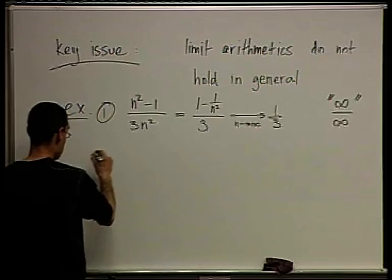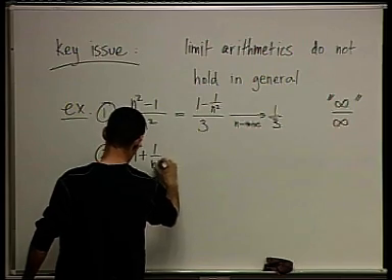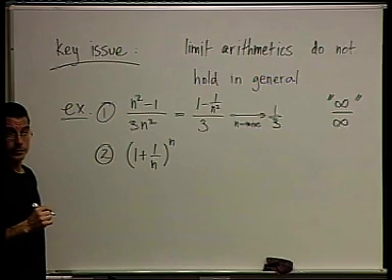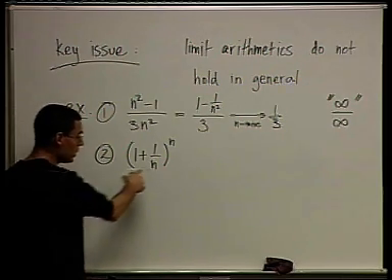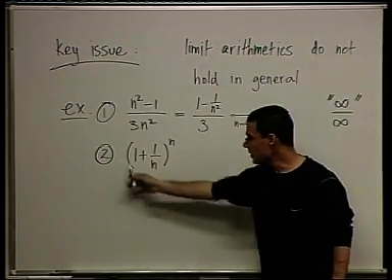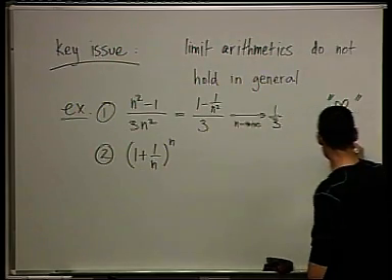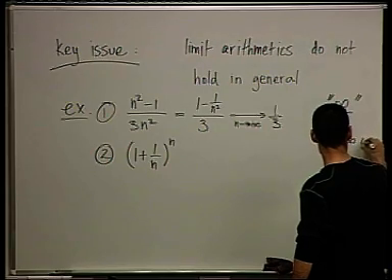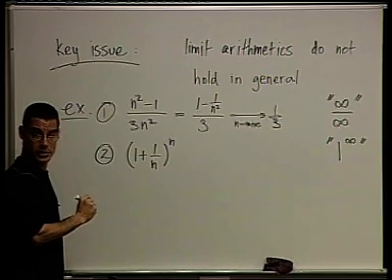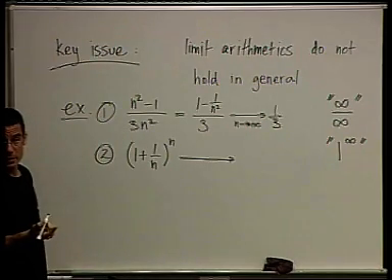Another example, this one we're going to discuss further. 1 plus 1 over n, to the power n. So, do you agree that this is of the form 1 to the power infinity? The stuff inside the parentheses goes to 1, because 1 over n goes to 0. Do you agree? Yes? But the limit of this thing, you would guess that the limit is 1, right?